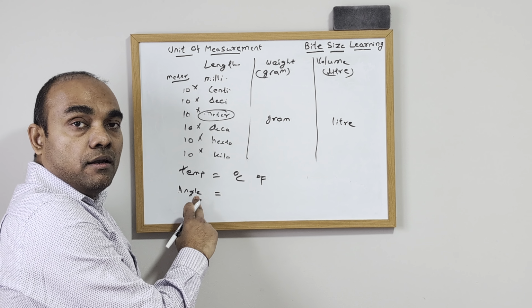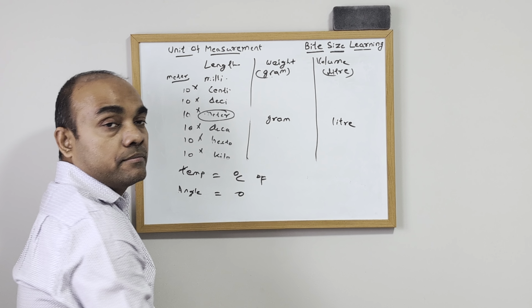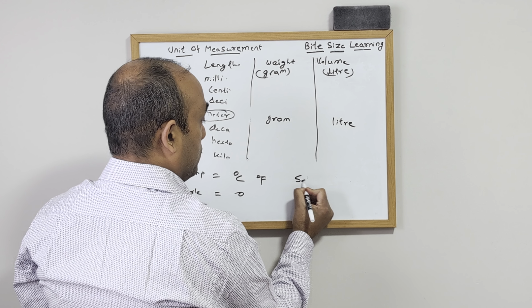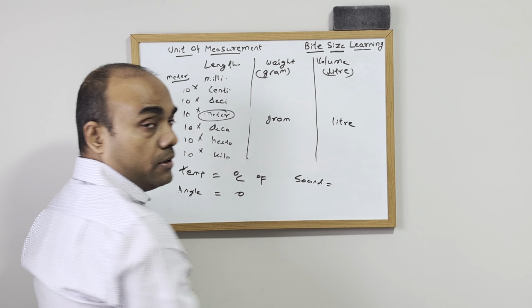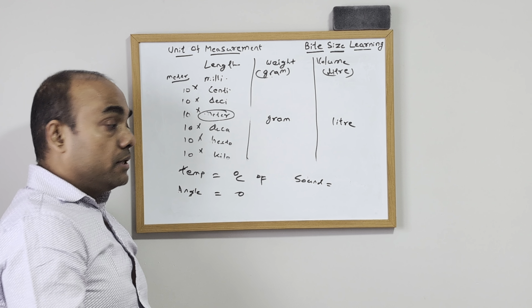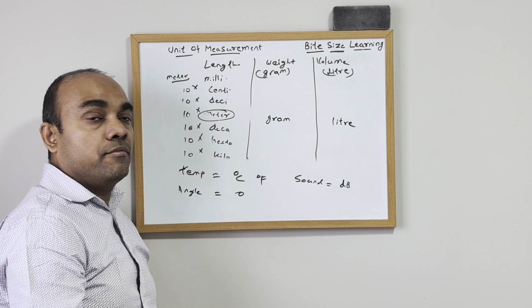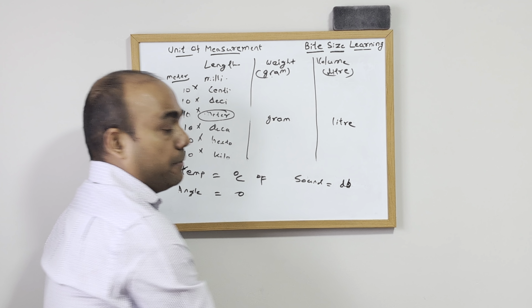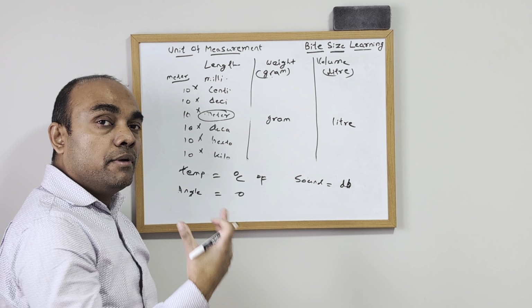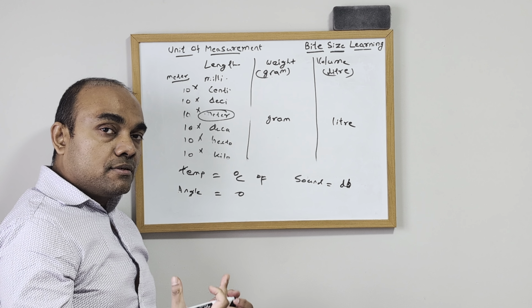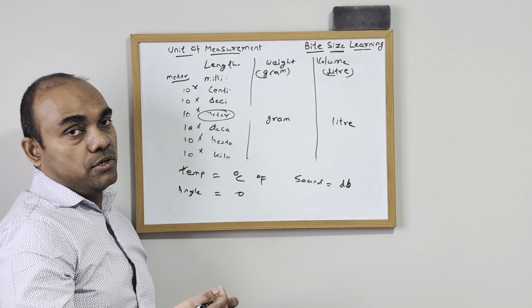So to measure an angle, the unit is degree, right? Now if you want to measure sound, right? So to measure the sound, the unit is decibel, dB. So it's dB, right? So similarly there are other units to measure the things. We will talk about all these things in future lecture.